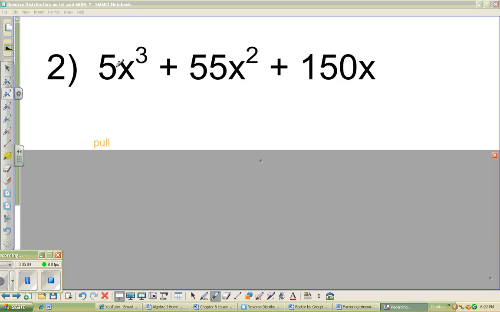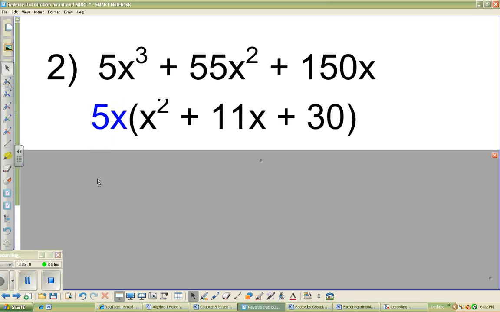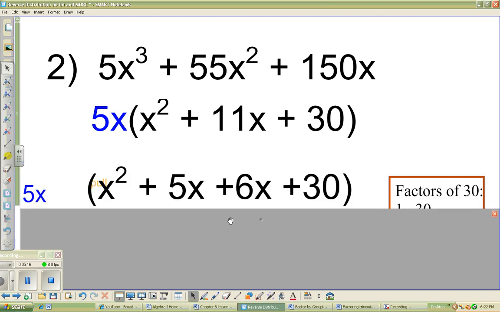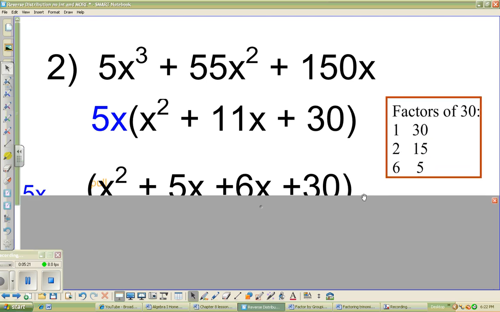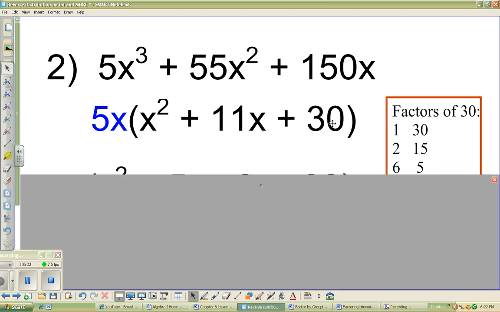Our next example also has a common factor of 5 in every term, so we will factor that out immediately. We say we're pulling out the 5, oh, and an x. Then we ask the questions, what two factors of 30 could we add together and get 11?